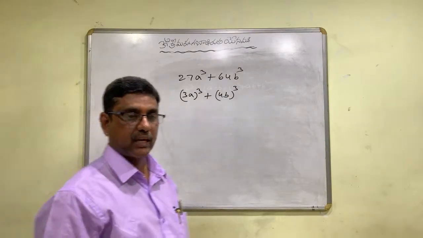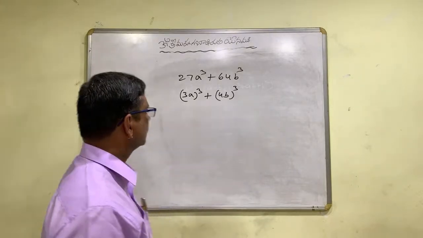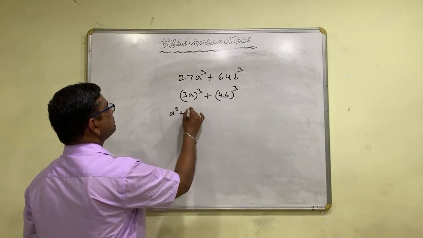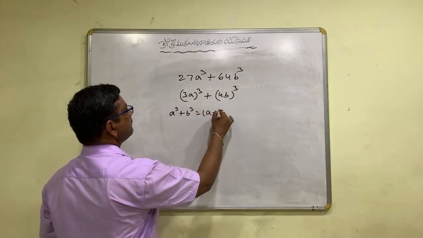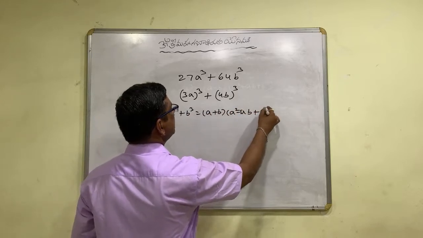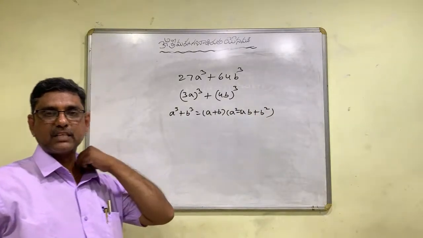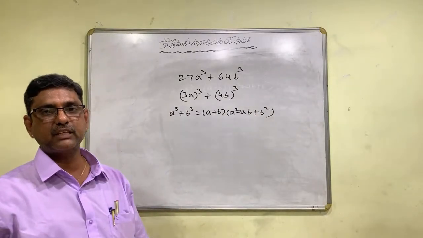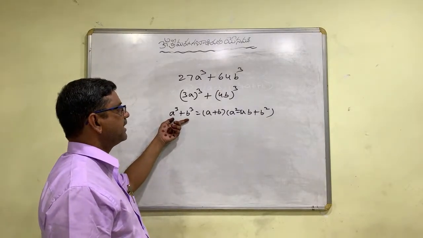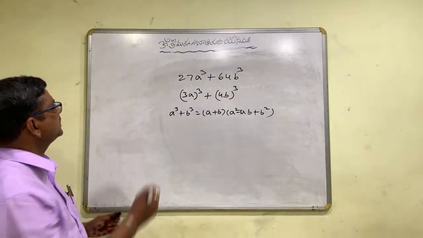Now the problem is converted into a cube plus b cube form. As we know, a cube plus b cube equals a plus b into a square minus ab plus b square, which means the factors of this polynomial are this one and this one.